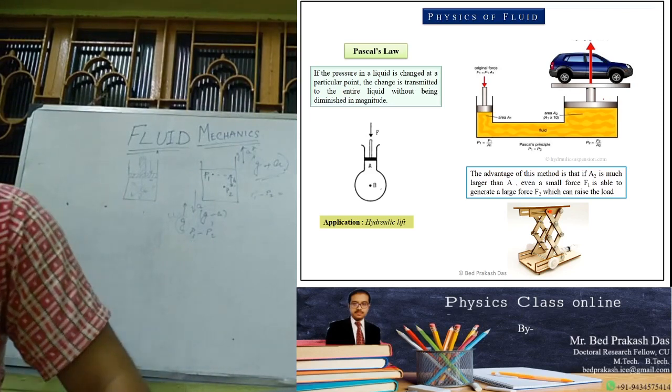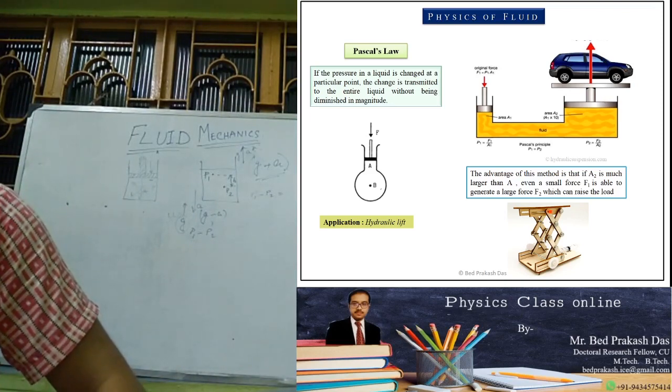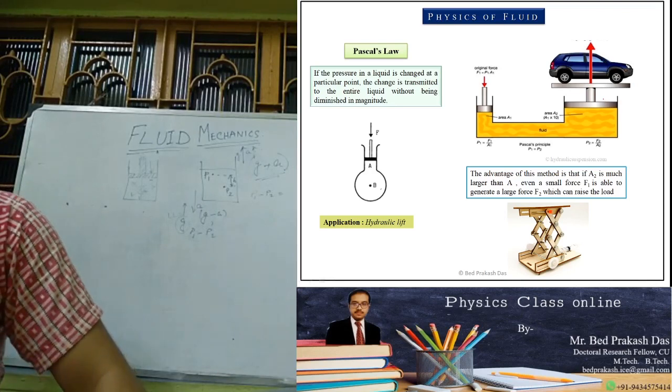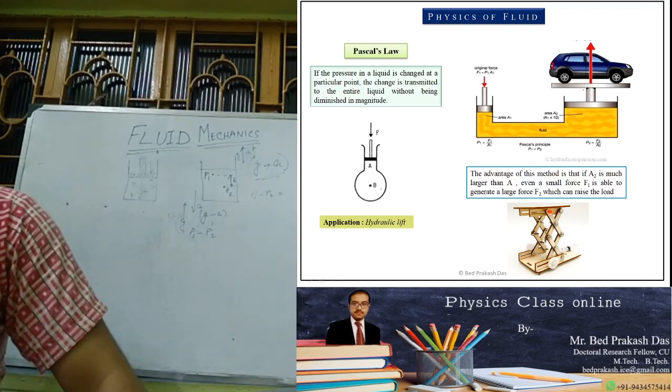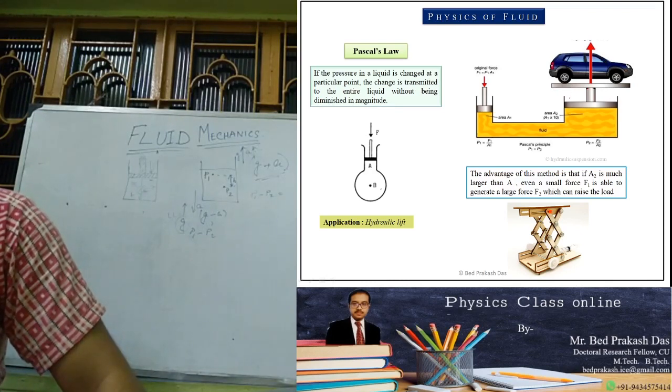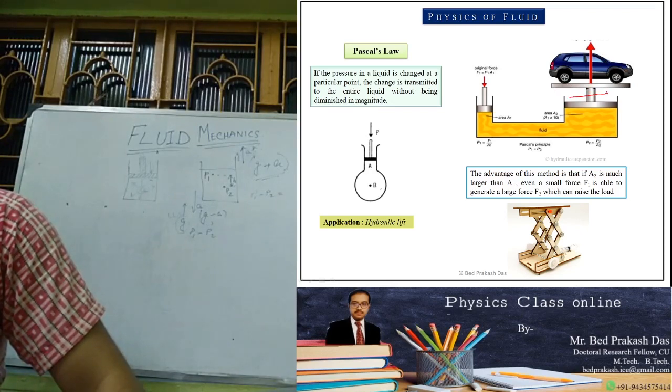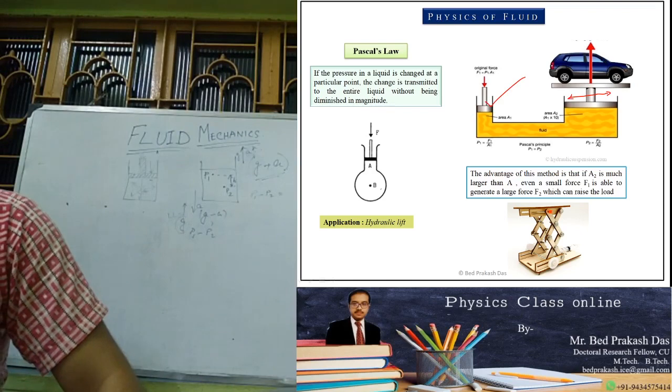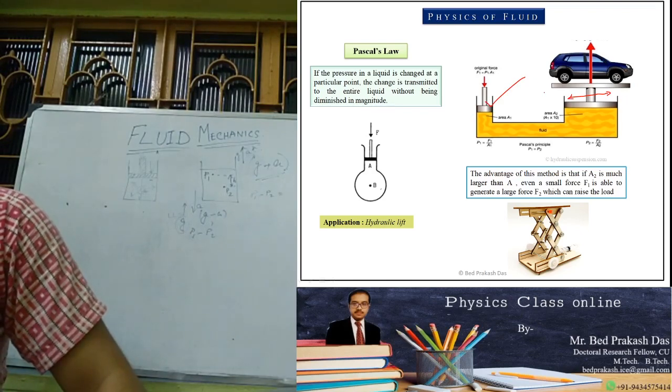So you can see from this example that the car is actually resting on a platform which has a larger area, this area is quite larger with respect to this one. This is very large.